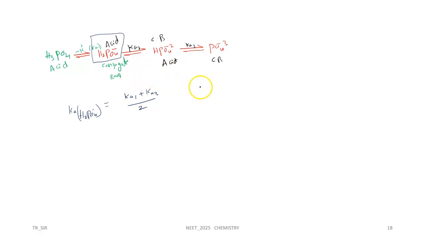Now, if I want to get the pKa for H2PO4 minus, it is pKa1 plus pKa3 by 2. This is the value you will get. Now, the dissociation constant of the first one is maximum: Ka1 is more than Ka2, then Ka3.